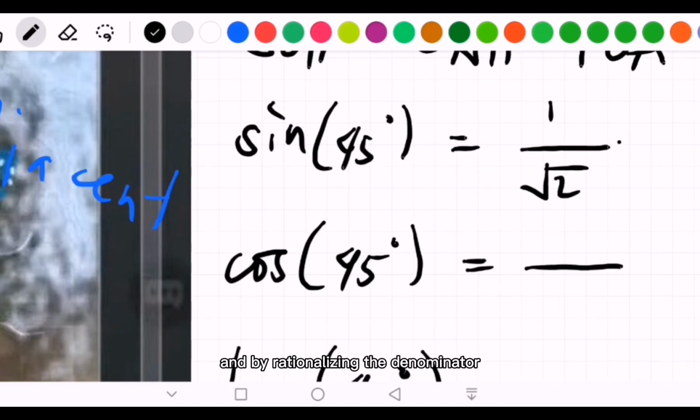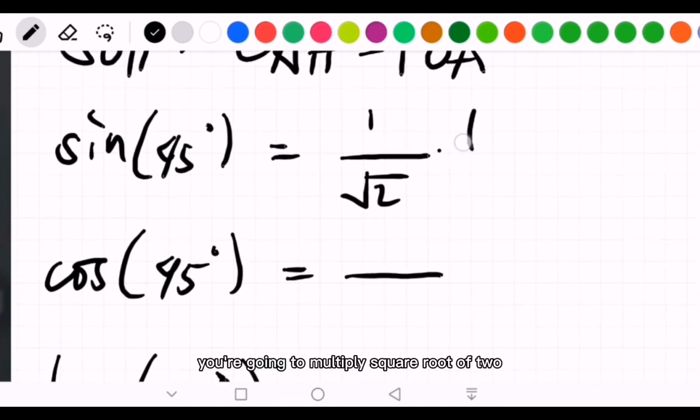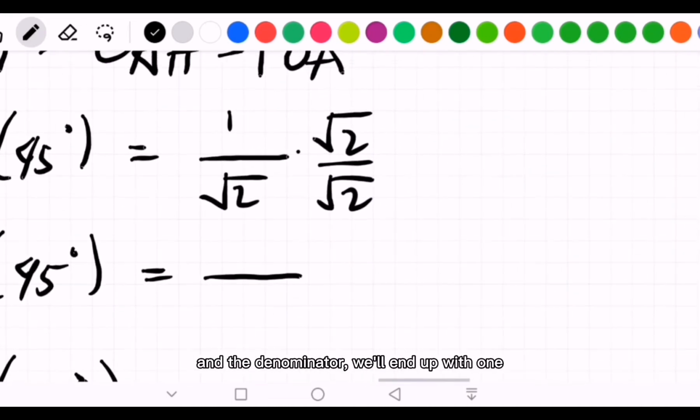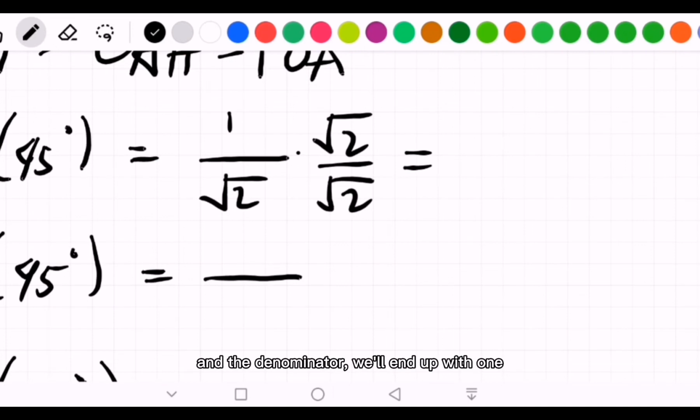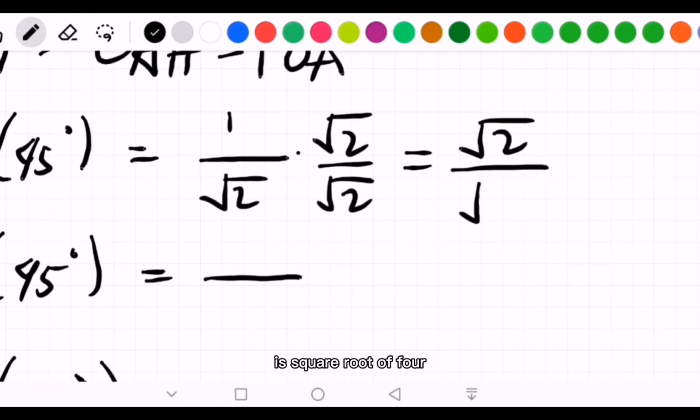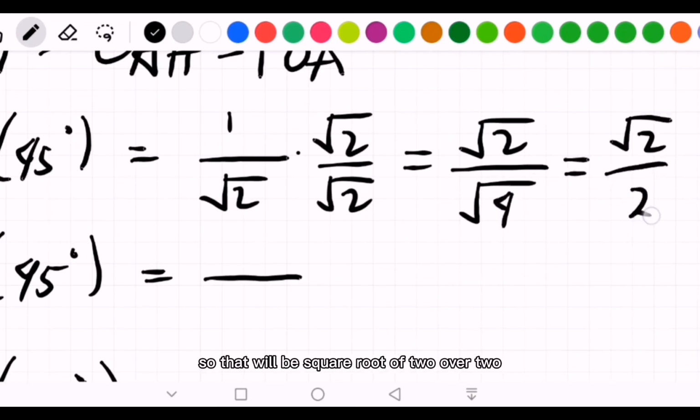By rationalizing the denominator, we multiply square root of 2 over square root of 2 on the numerator and the denominator, and we end up with 1 times square root of 2, which is simply square root of 2, all over square root of 2 times square root of 2, which is square root of 4. This is a perfect square, so that will be square root of 2 over 2.